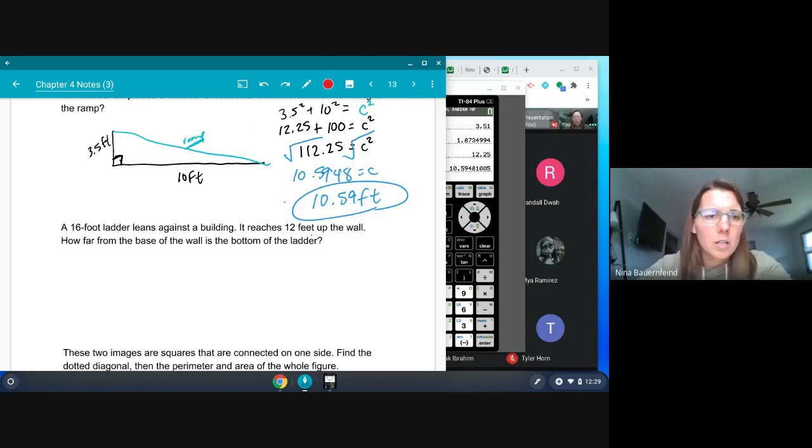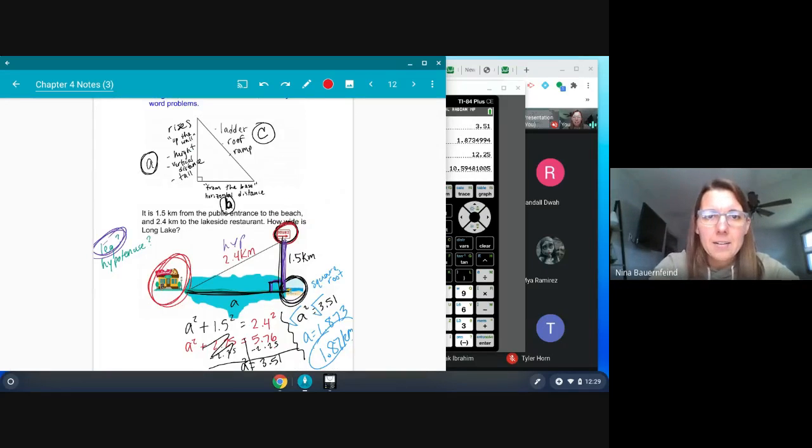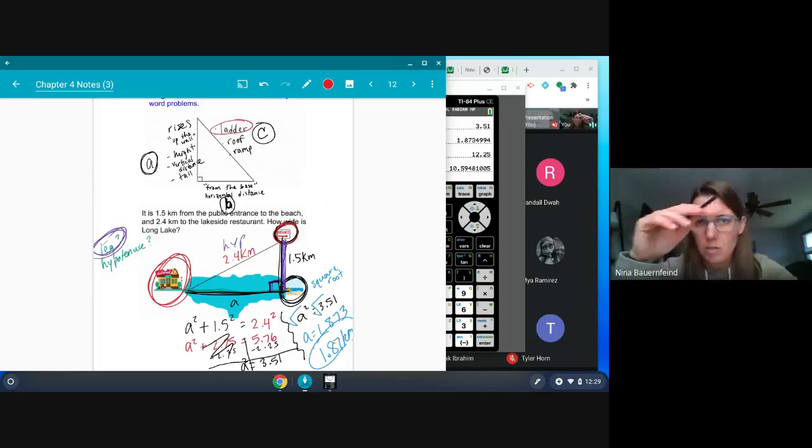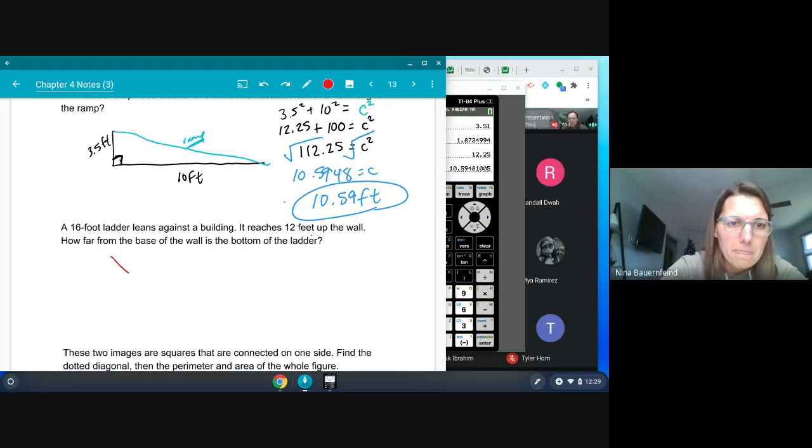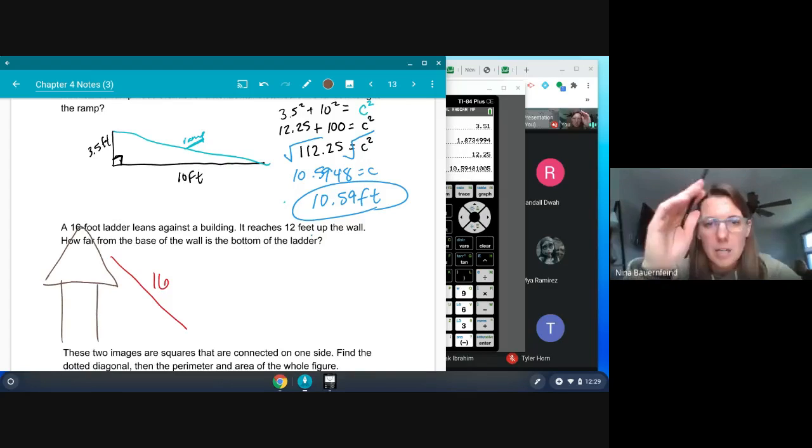So this one says a 16-foot ladder, okay? If we look back here, ladder is right there. So it's going to be that. Leans against a building. Okay, so I'm just going to draw building. It's leaned against that.